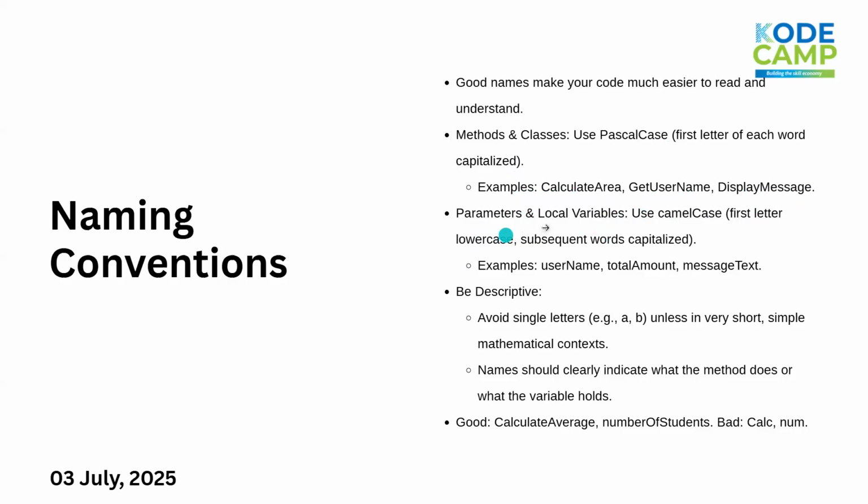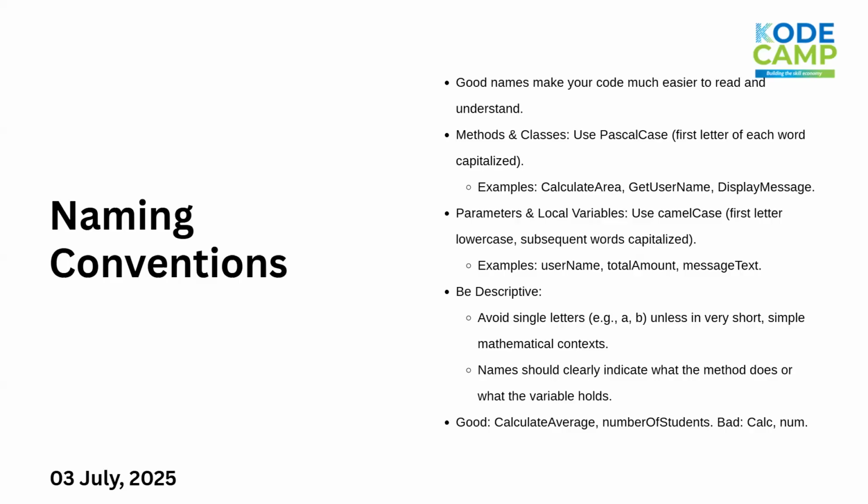Then your parameters, within the parentheses, you have to use camel case. That is, start with a small letter. Examples are username, totalAmount, messageText, and so forth. And also, your method name should be descriptive.